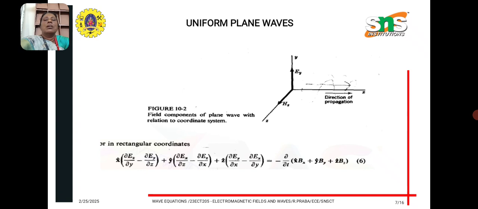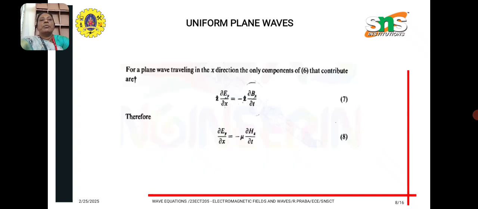And so we can also write this in rectangular coordinates as x vector into (∂Ez/∂y − ∂Ey/∂z) plus y vector into (∂Ex/∂z − ∂Ez/∂x) plus z vector into (∂Ey/∂x − ∂Ex/∂y) is equal to minus ∂/∂t of (x vector Bx plus y vector By plus z vector Bz).